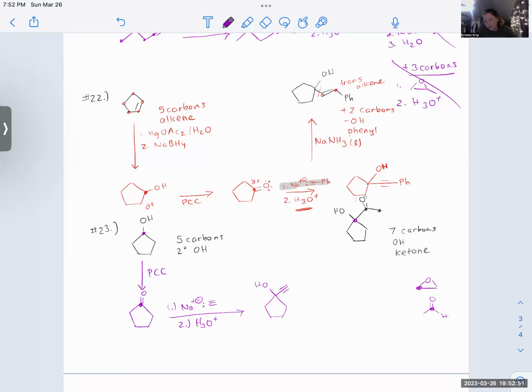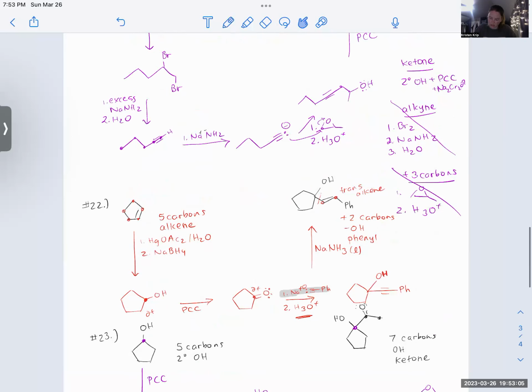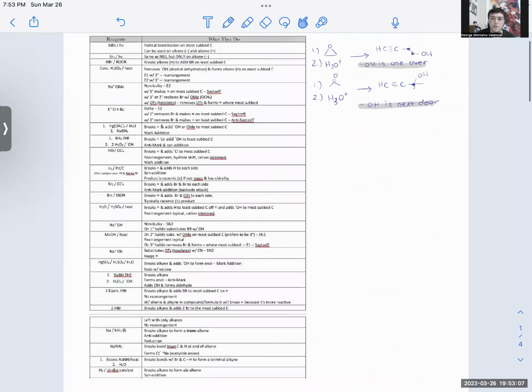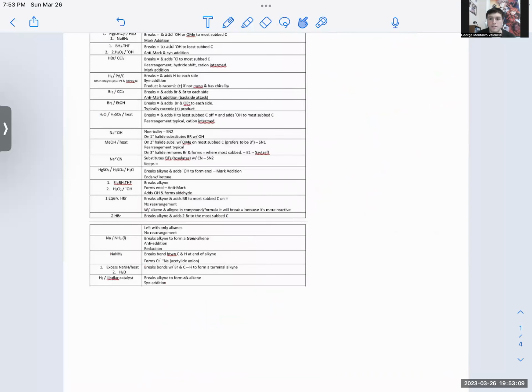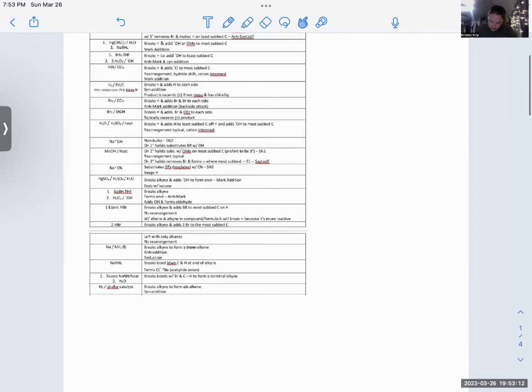Now we did learn a reagent that turns an acetylide into, here, a ketone, didn't we? Yeah, the HgSO4, H2SO4, H2O one. The only reason I remember that one is because it's a Markovnikov, mercury one. So it ends up with a ketone.